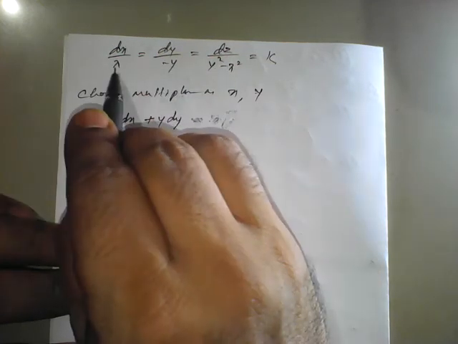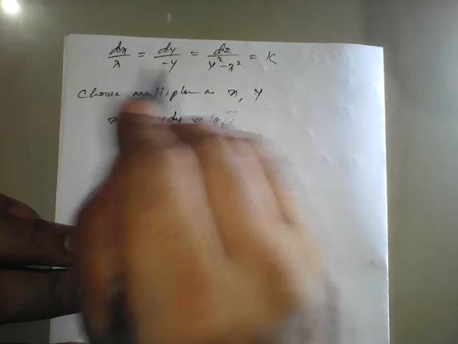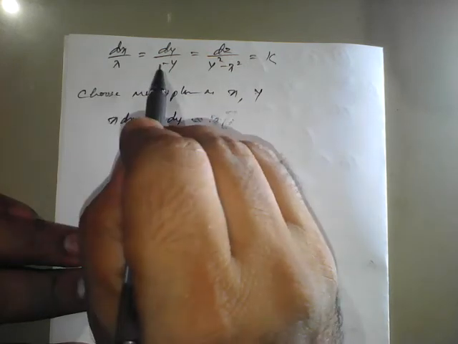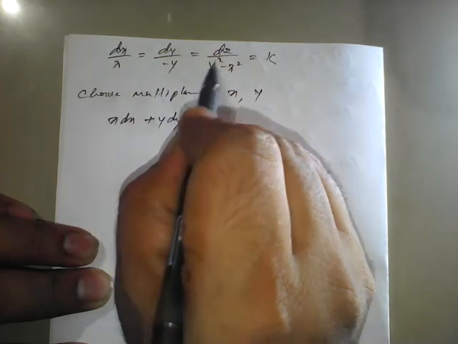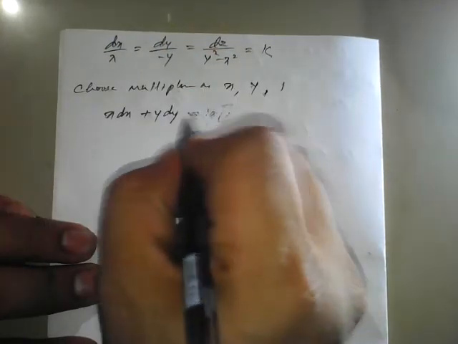If I multiply, x into x is x square, y into minus y is minus y square, so x square plus minus y square plus y square minus x square cancel and we get 0. Next, one more multiplier is 1 here.